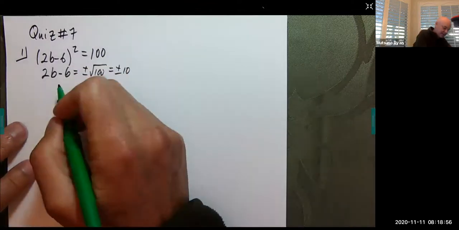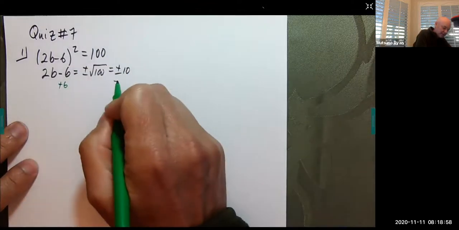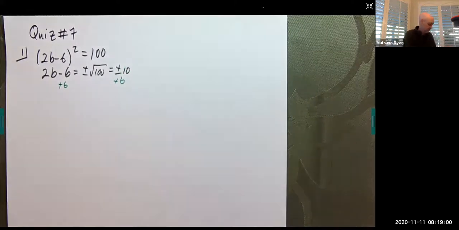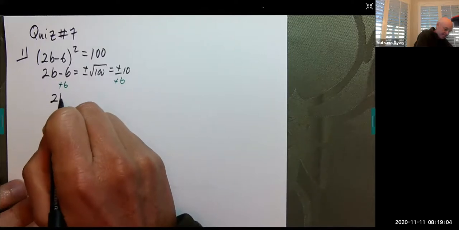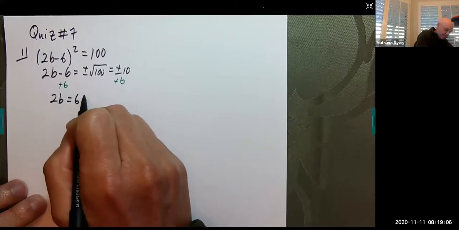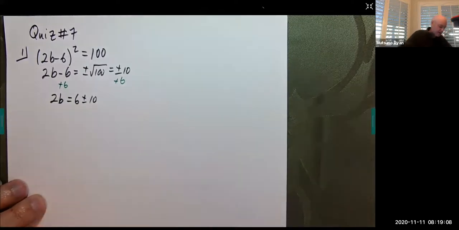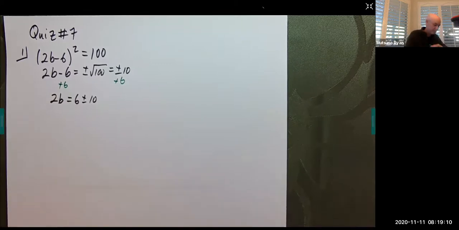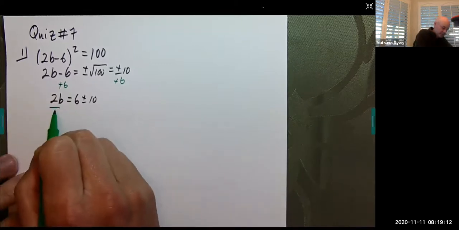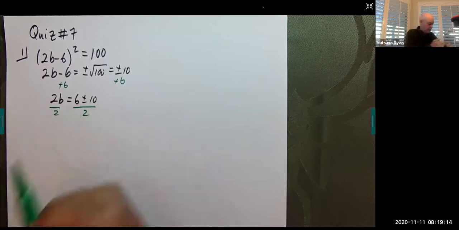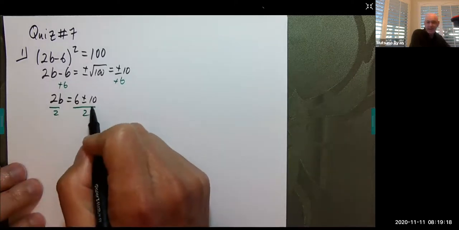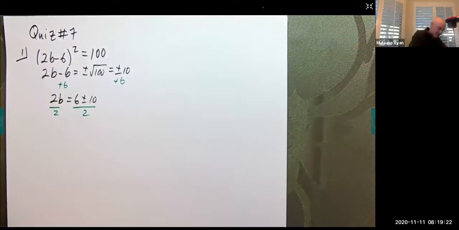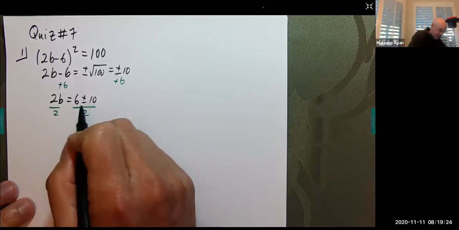And I'm going to add 6. Divide by 2. And what's going to happen is, because the radical went away, I need to actually continue to simplify that and actually add and subtract as I do this.